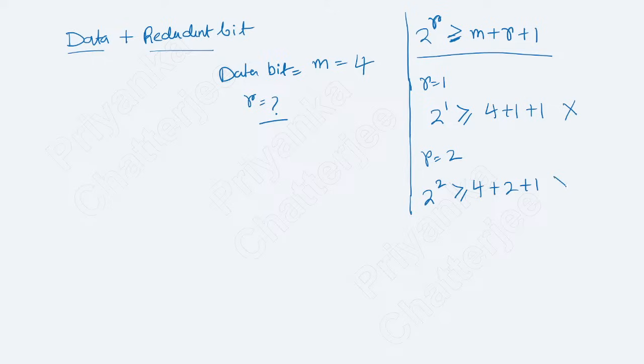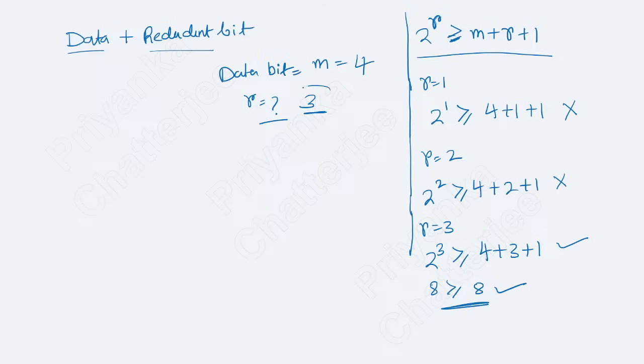Satisfied? No. If R equals 3, 2 to the power 3 greater or equal to 4 plus 3 plus 1. Is that satisfied? Yes, because 8 is greater or equal to 8. So R is 3. Got it? This is the first step.